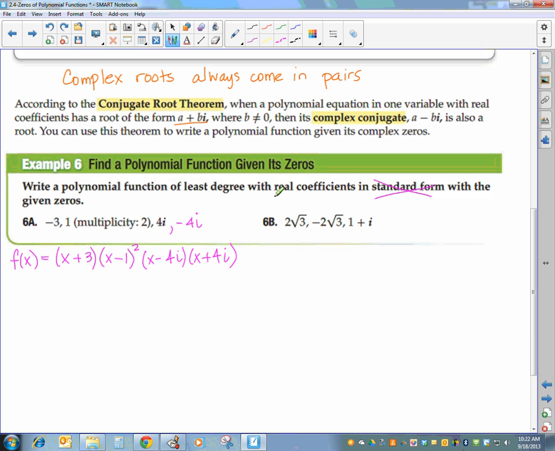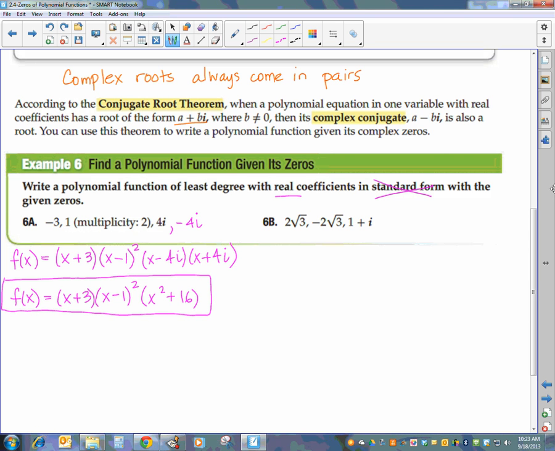Now, we have to have real coefficients, so we can't leave it like that. But standard form means you would have to multiply it all out. But all I'm going to ask you to do is make sure you don't leave i and don't leave any radicals in your answer. So that gives me x plus 3, x minus 1 quantity squared, and when you multiply that out, you're going to get x squared plus 16. That's that a minus b, a plus b. So I'm fine if you want to leave it like that.